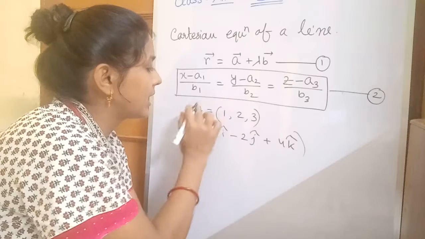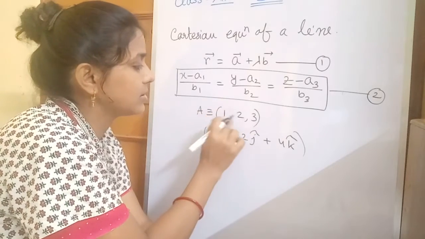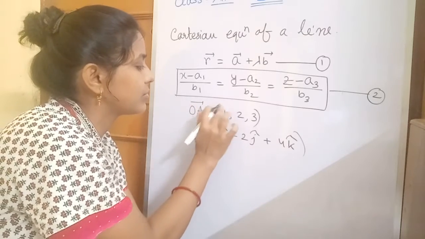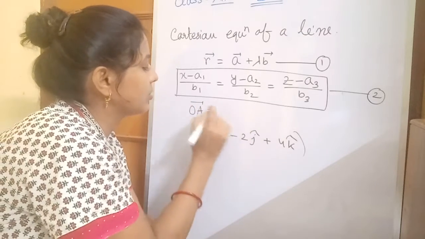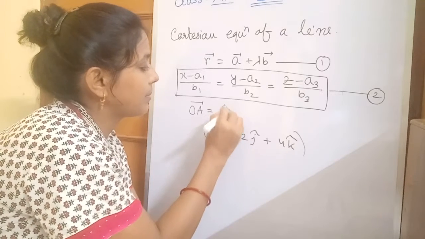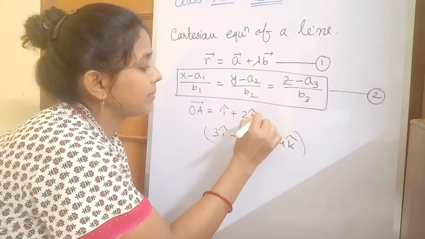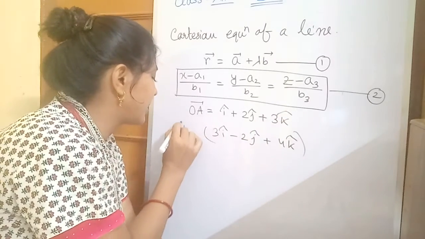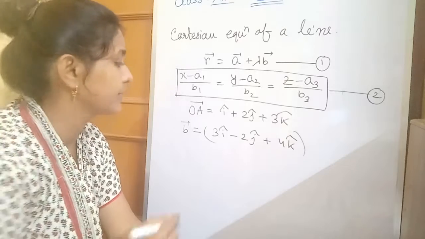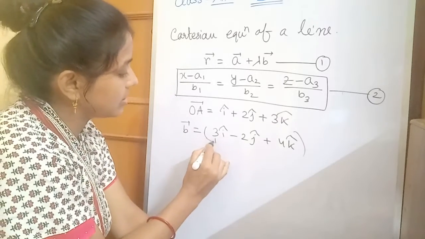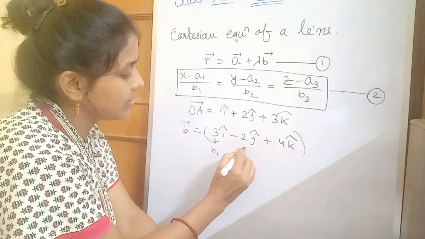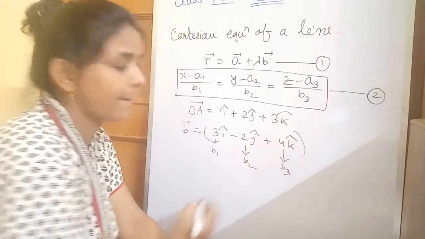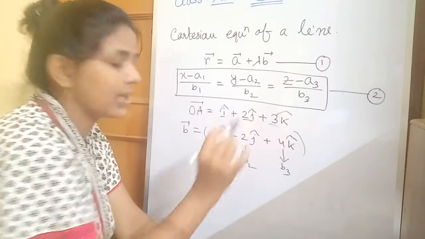We have to take it like this. That means the OA vector equals 1, 2, 3, that is i cap plus 2j cap plus 3k cap. And this one is taken as the B vector, which is the parallel vector. So this is b1, this is b2, obviously with the negative sign, and this is b3. These are a1, a2 and a3.